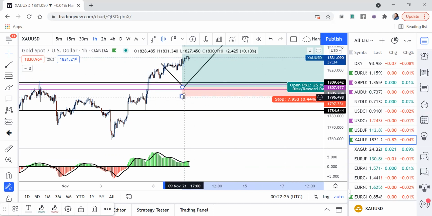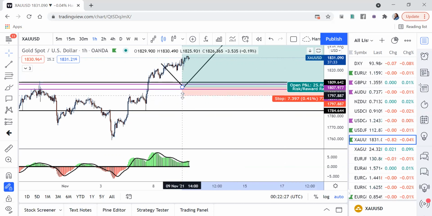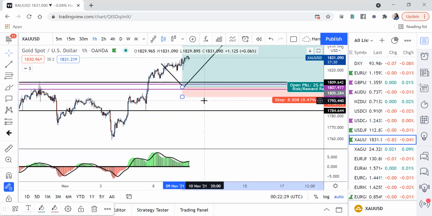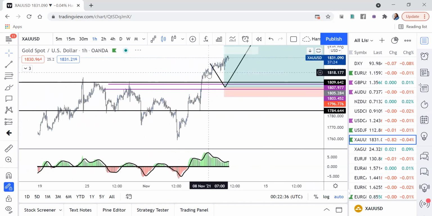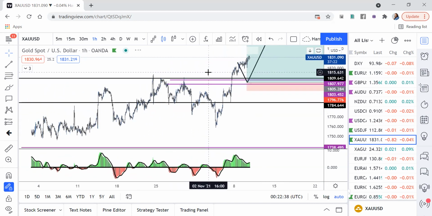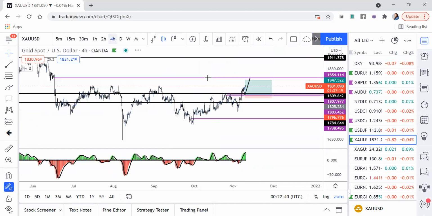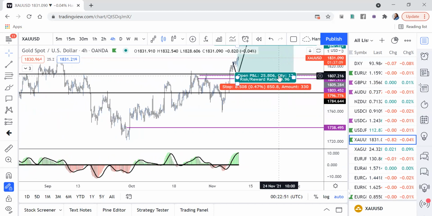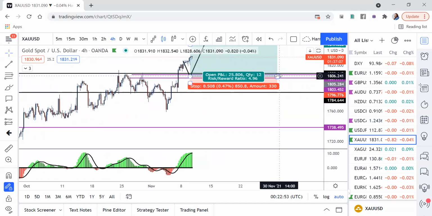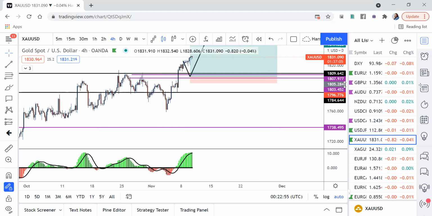And you guys can have a tight stop loss. With gold, sometimes I tend to give it a little room until I can break even. The take profit that I have on gold is 1847.52. So entry is 1805.28.